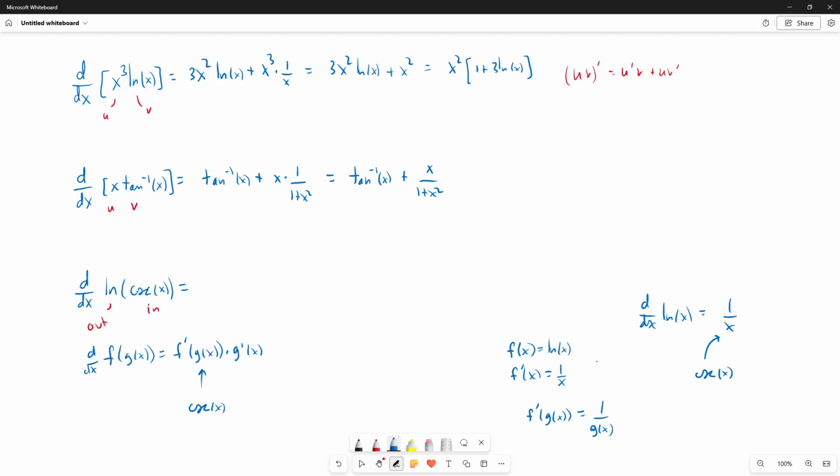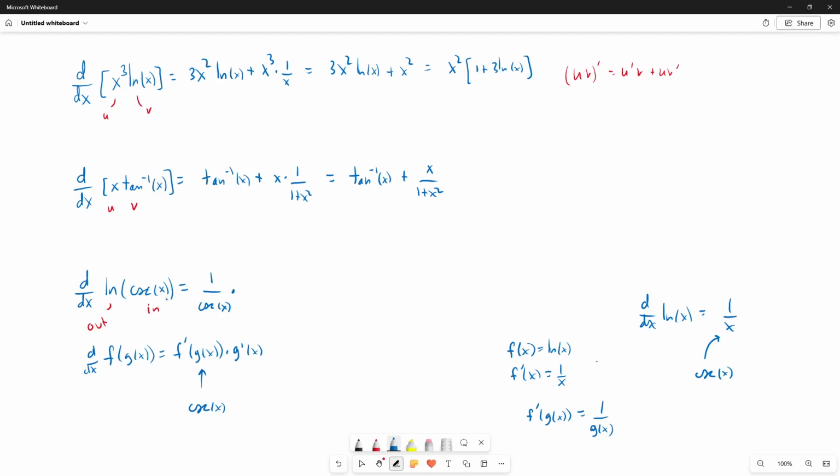All right, let's apply this in our problem. The derivative of the logarithm evaluated at cosecant x is 1 over cosecant x. So that's the derivative of the outside, leaving the inside in. So we don't write the x on the bottom, we write the inside function on the bottom, where the x goes.